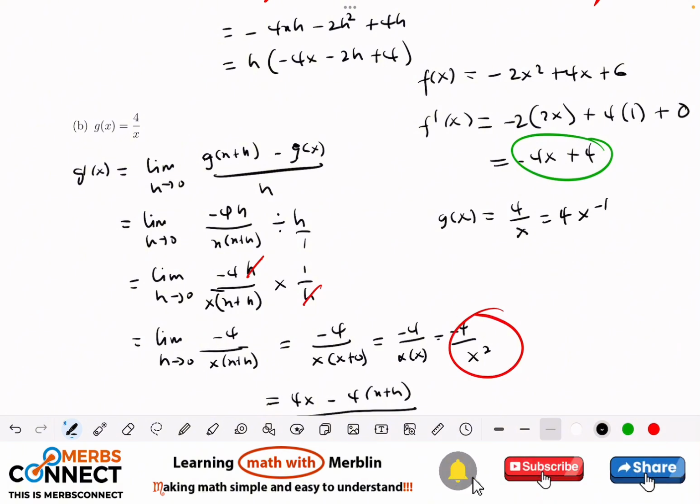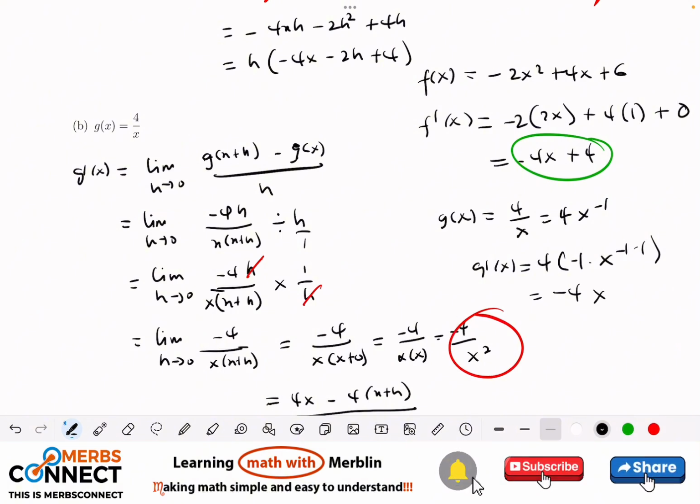So let's use the power rule. g prime of x will be equal to, I have my 4, so the 4 will be there. Now I need to differentiate x to the power minus 1. So minus 1 drops times x to the power minus 1, then I subtract 1. So this one will be 4 times minus 1, which is minus 4.